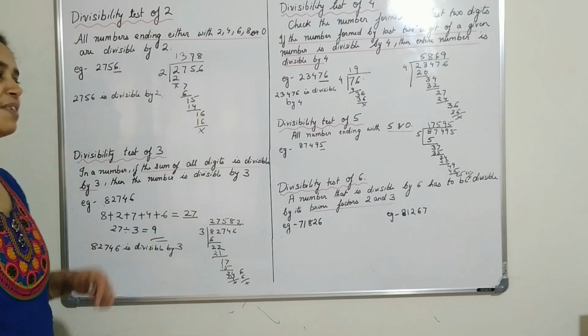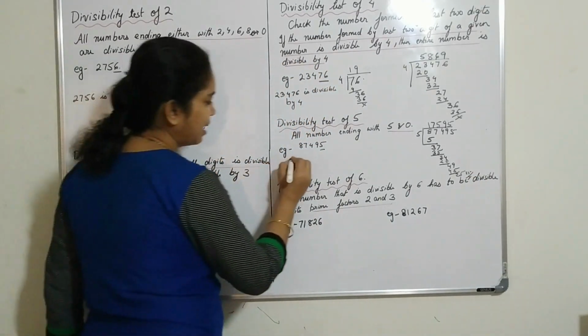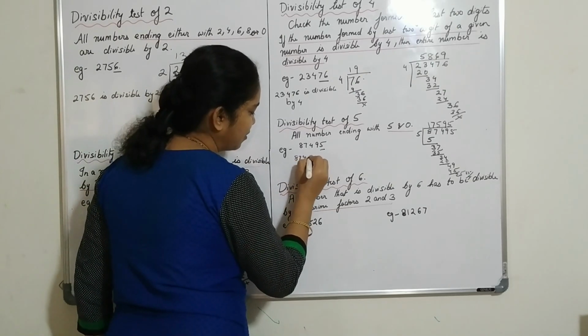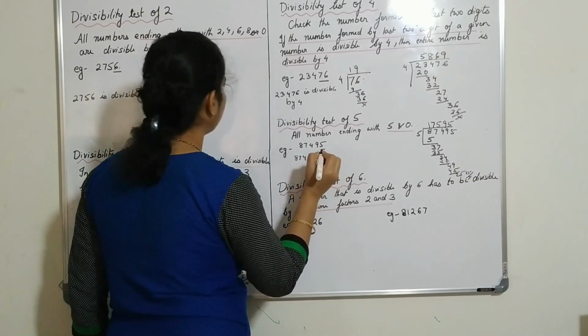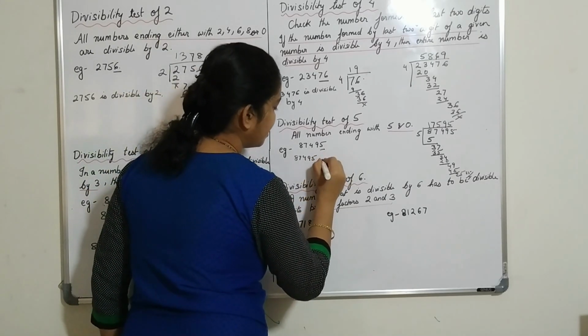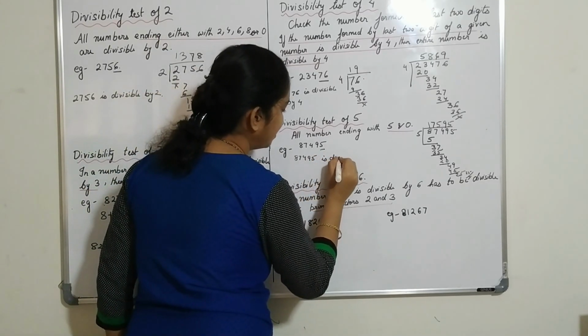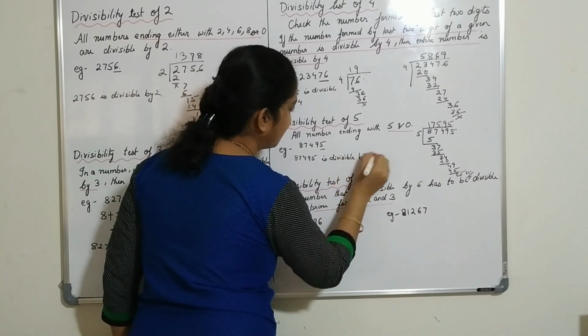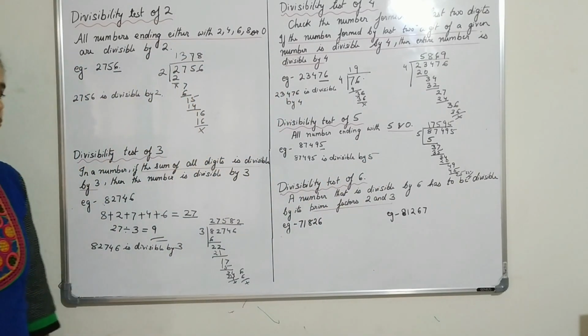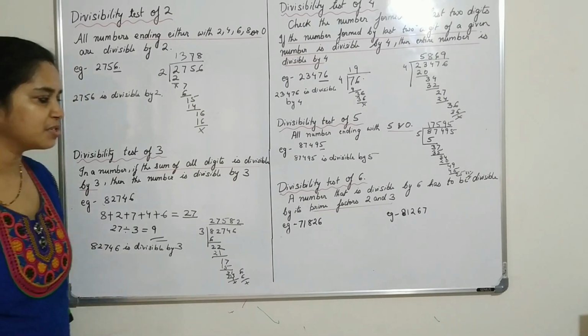So it can be divided by 5. So 87495 is divisible by 5.